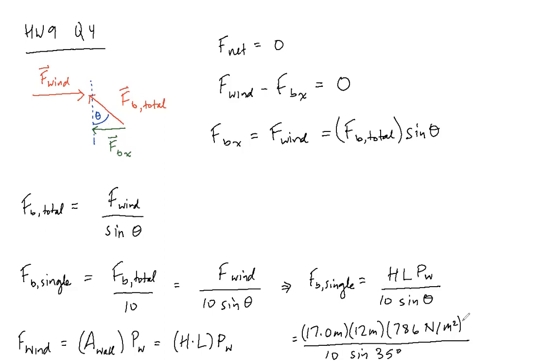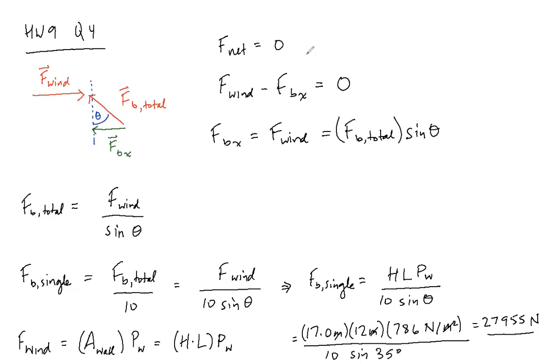It's in the picture. And so this works out to, so we got square meters, meters, meters. So it's in newtons, which is what we want. So that works out to 2,709.55 newtons. And so what they do is they round that up to 2.8 times 10 to the 4 newtons in the actual solution.